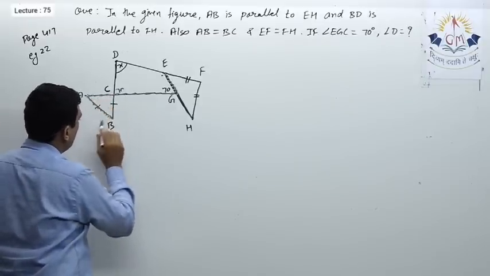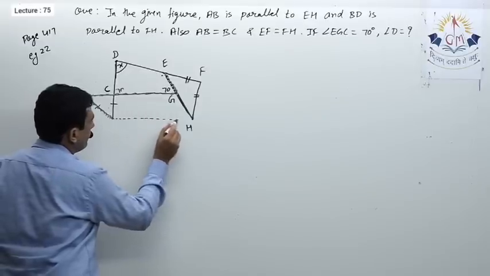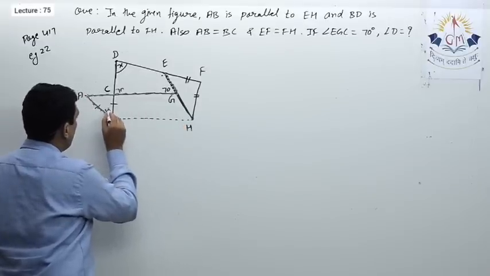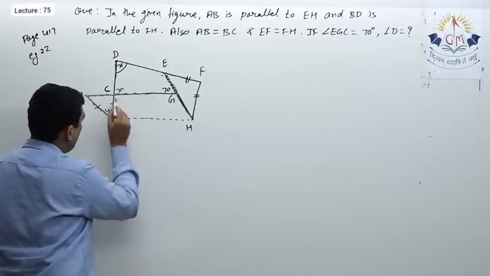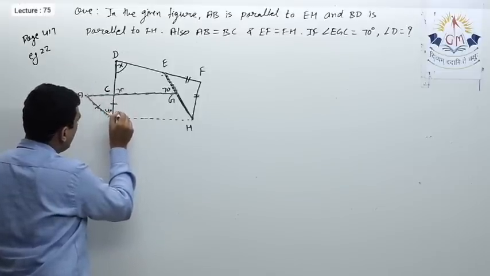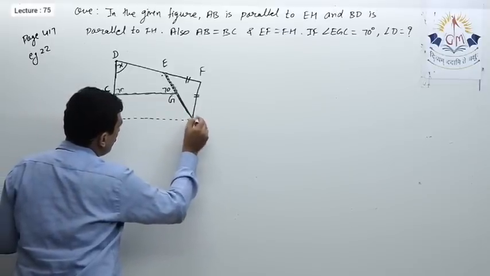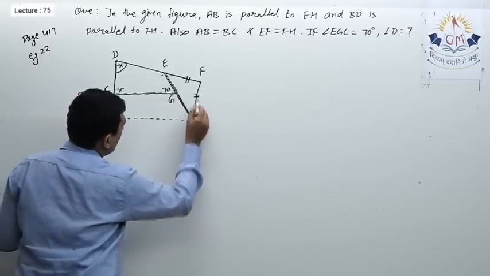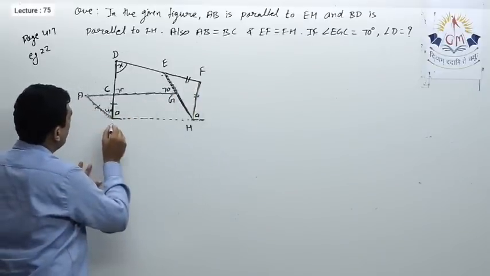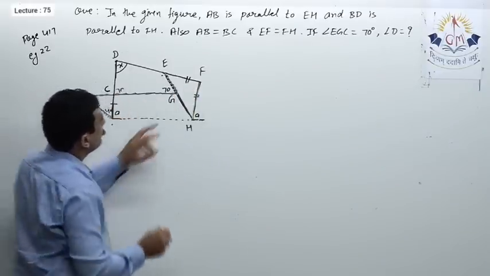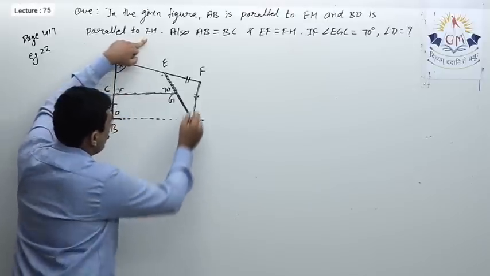Okay, now suppose I join this for a while, so this is 40 degrees. Now see, just for a moment I am saying this angle is A. This angle is A. So if I produce this angle again, it will be A, because this HF is parallel to BD. This is point B. FH is parallel to BD.